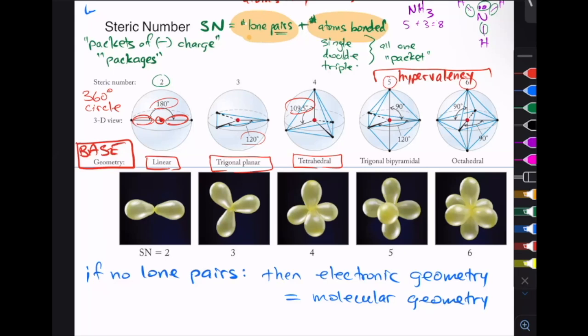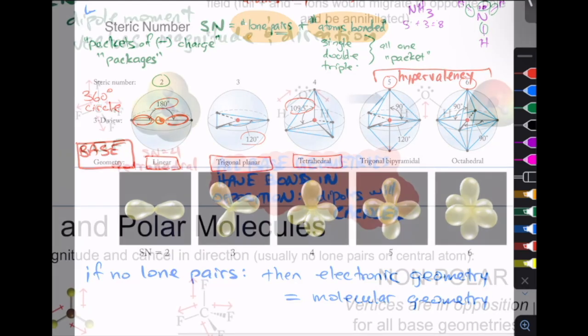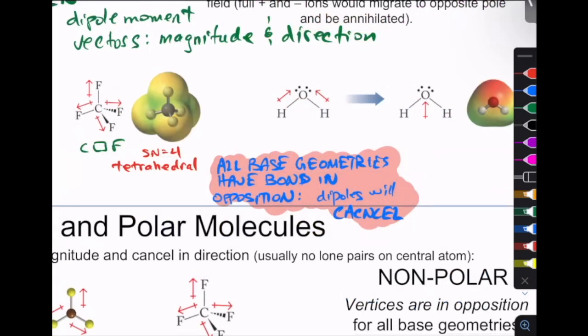Plain and simple. If you've got a lone pair in here though, you're not going to have the base geometry for the molecular geometry anymore. All right, and they're not going to cancel anymore. Now, it's not a steadfast rule, but for most cases, if you've got a lone pair on there, it's going to mess things up and they won't completely cancel out. Let me show you an easy example of that.